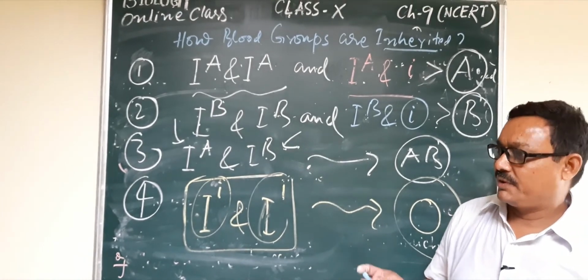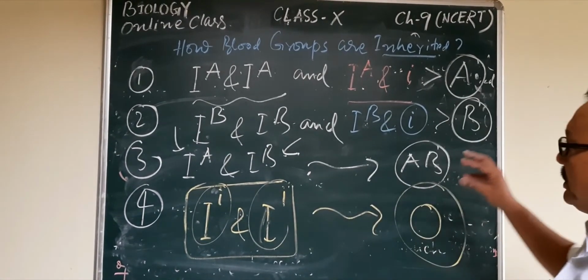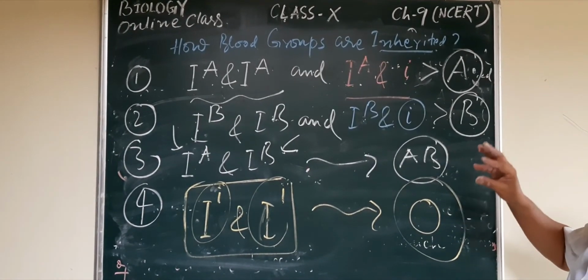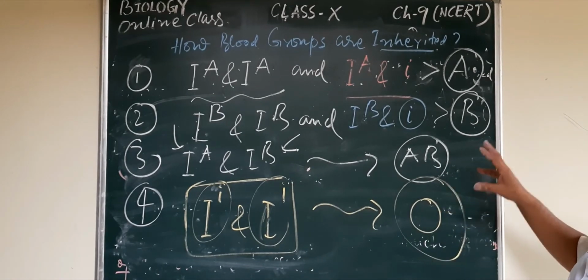Understand? In this way we have seen here the multiple alleles, and we have also seen here the codominance.